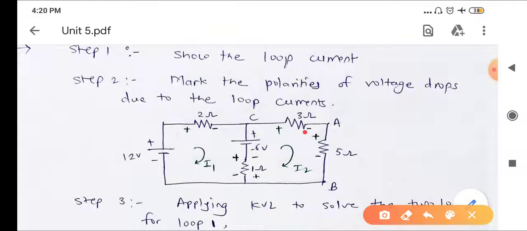So this is minus 3 into I2 minus 5 into I2, and the next is minus in bracket I2 minus I1. Now I2 is the main current, so it is minus in bracket I2 minus I1 plus 6 is equal to 0. So this will be our equation 2.